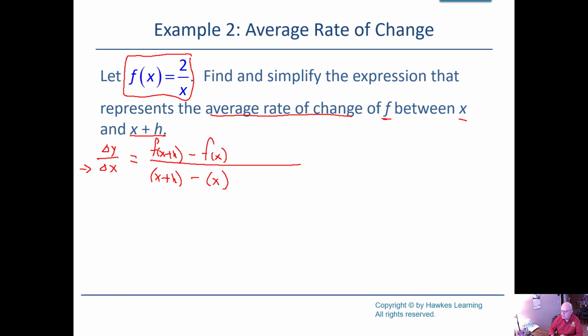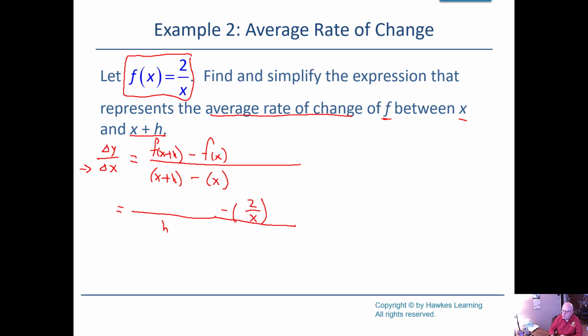That's the easy part. Now, on the bottom, notice the x's will give us 0. All that's left will be the h. That should look familiar by now. On the top, let's extend this fraction bar. We're going to be subtracting the original fraction, which is 2 over x.